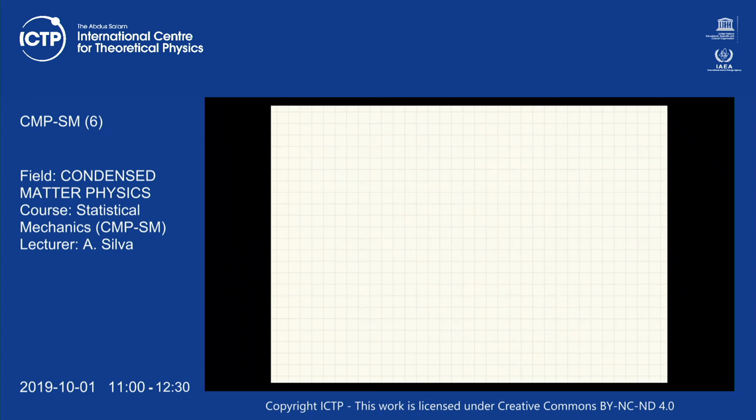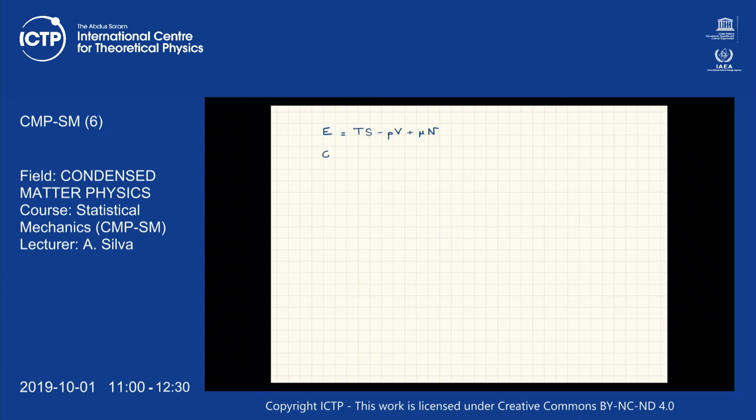Now, there is one peculiarity of the Gibbs free energy. You should consider that before we discovered the Gibbs-Duhem relation, which tells us that the energy is T times S minus P times V plus mu times N, right?